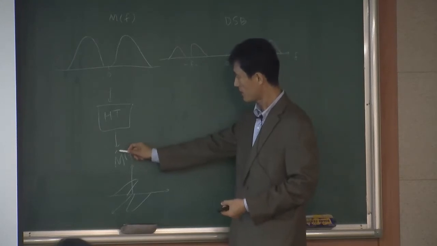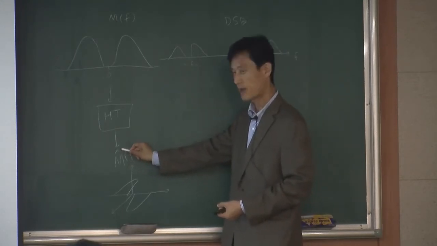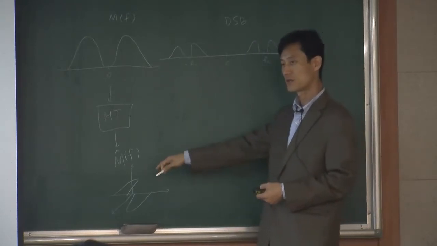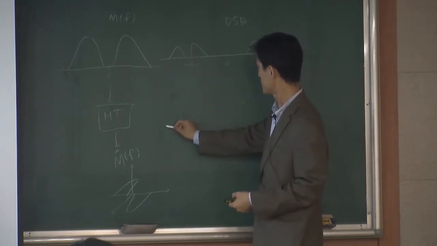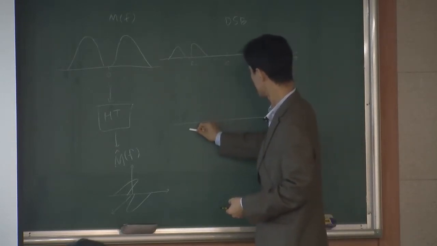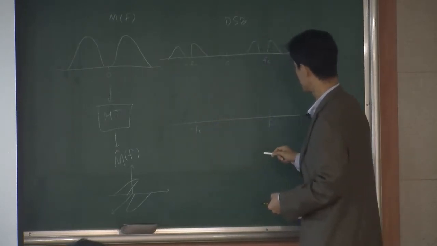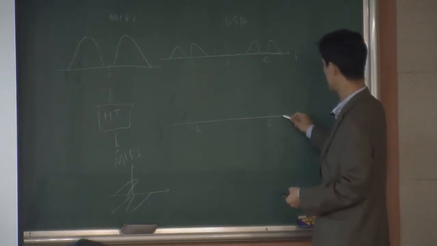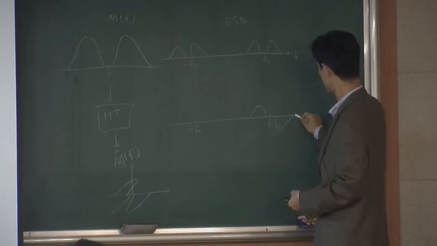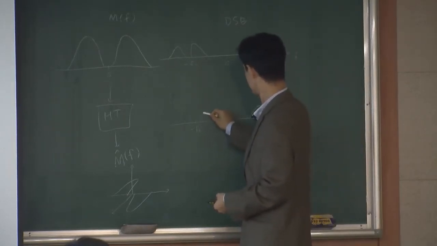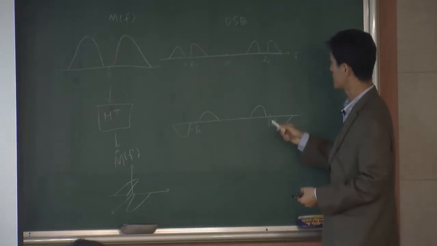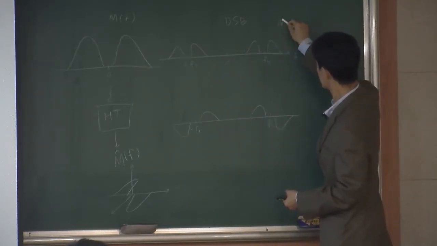This is the output of the Hilbert transformer, M hat(t) or M hat(f), and you multiply by the sine carrier. Then eventually you're going to get this, right?